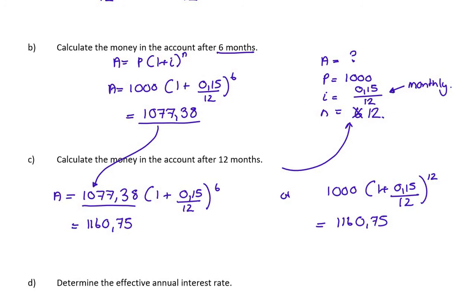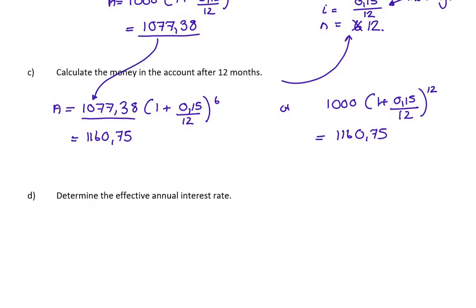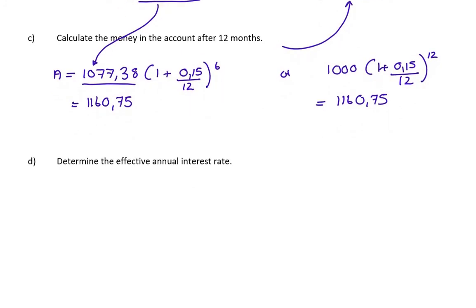So it's really important in looking at these new types of questions to remember that your interest rate needs to be: what interest do I get every time I get interest? So you need to divide it into its portions, and then N stands for how many times I get that interest. Okay, now question D, something we're going to be exploring in the next lesson, is this idea of the effective annual interest rate.